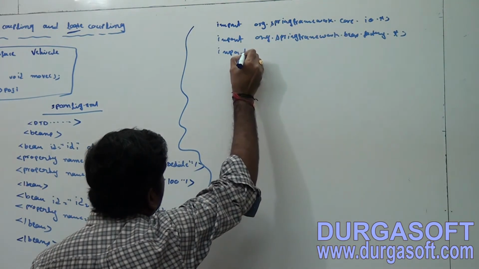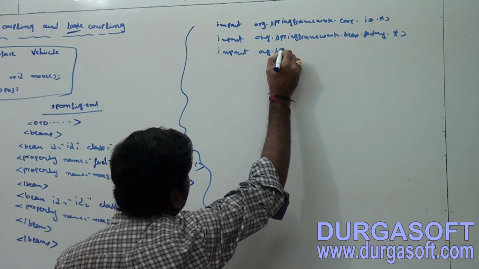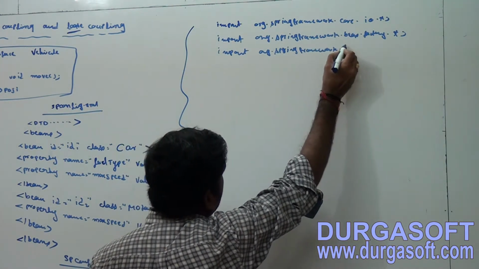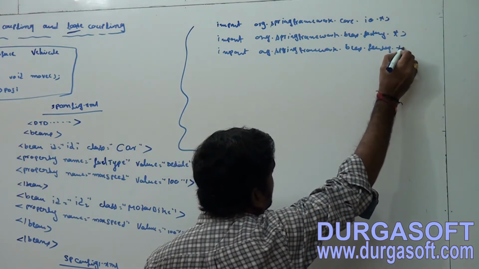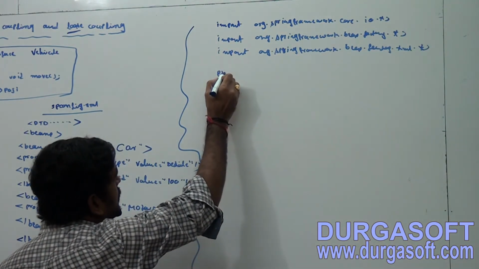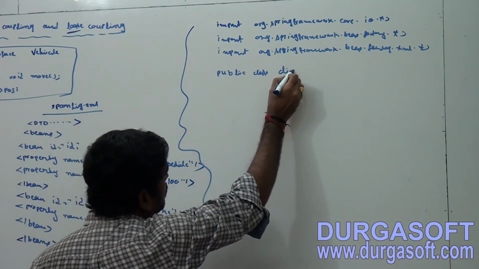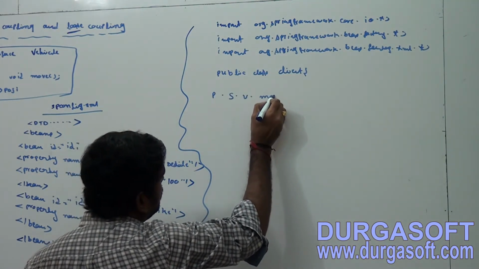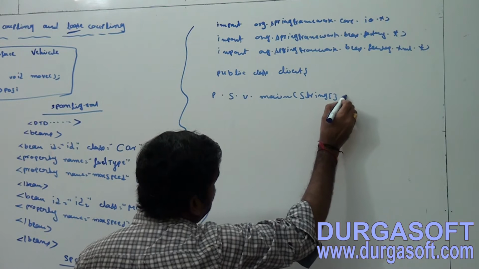Now import org.springframework.beans.factory.xml.* package. Next, public class Client, then public static void main(String args).